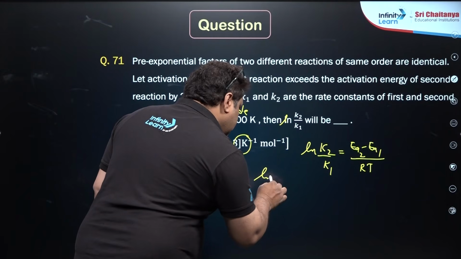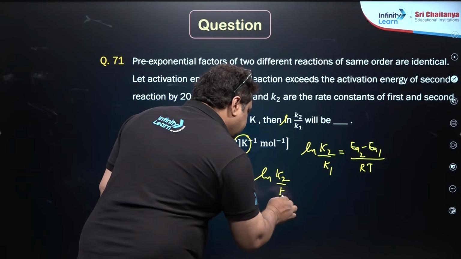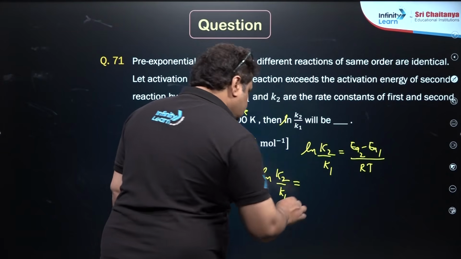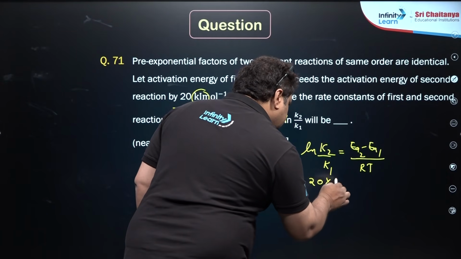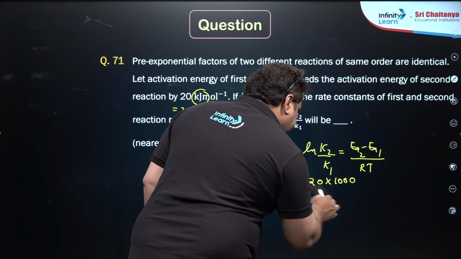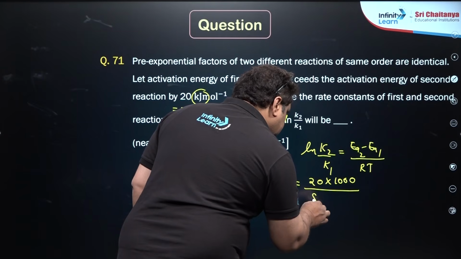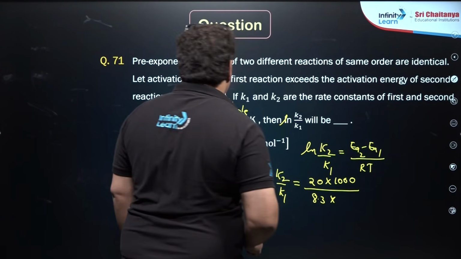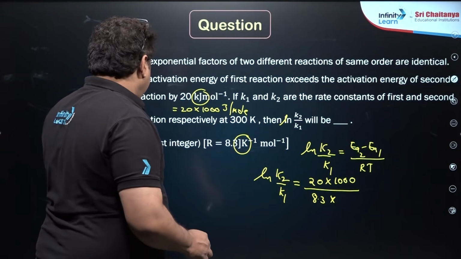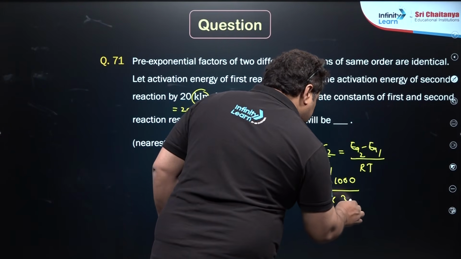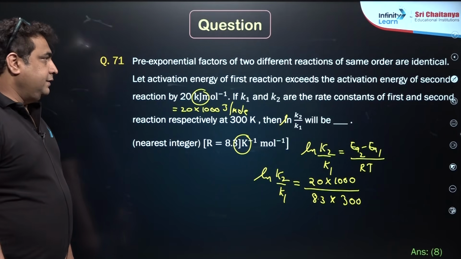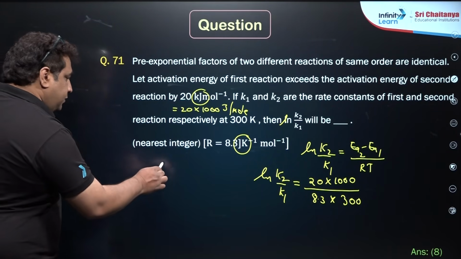So ln K2 upon K1 will be equal to 20, the difference is already given, upon 8.3 into the temperature. How much is the temperature? 300. So on solving this, you will get the corresponding answer 8.